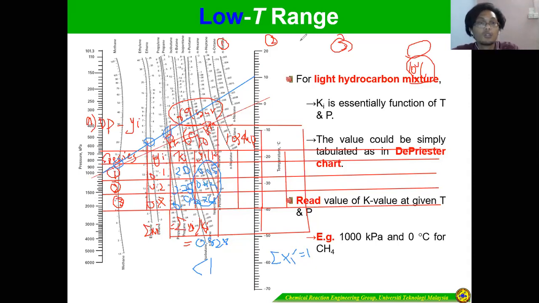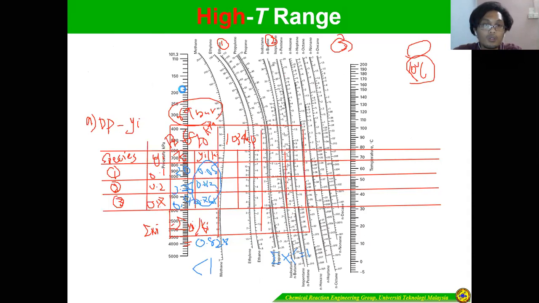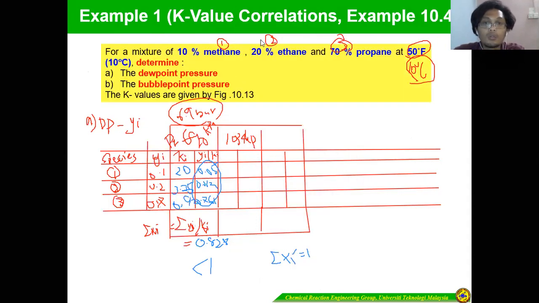Okay, so that we can insert the value. So look at here, K is equal to 13.2, 2.25, and then 0.65.